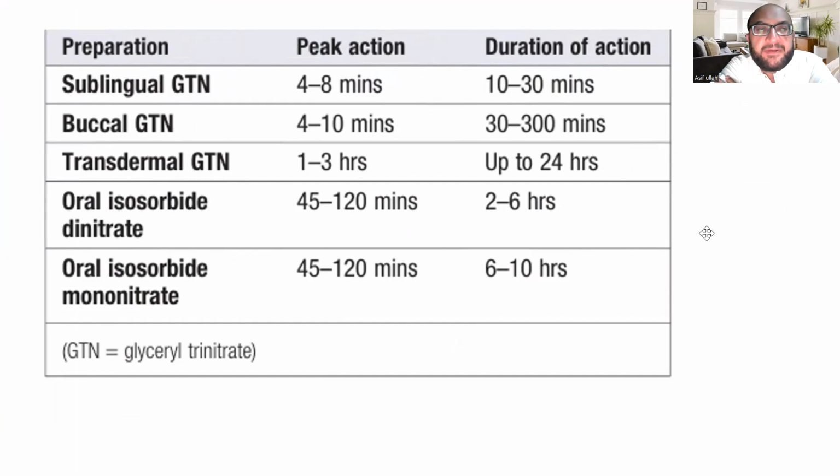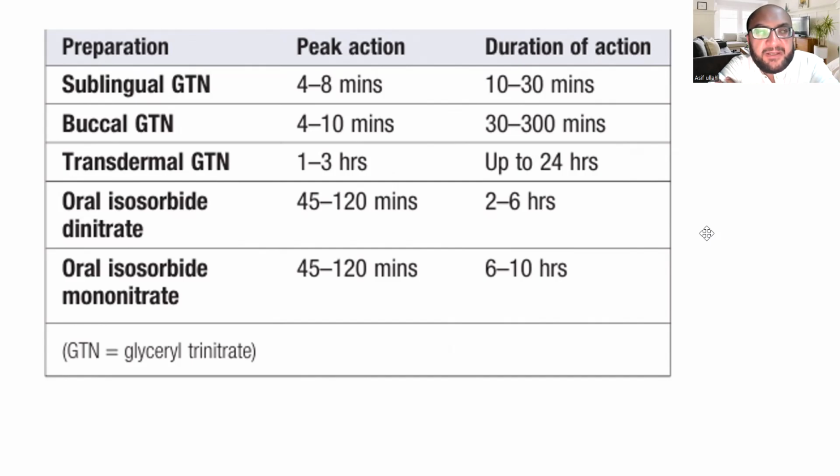As far as symptomatic treatment is concerned, sublingual glyceryl trinitrate starts peak action in 4 to 8 minutes and persists for 10 to 30 minutes. Buccal GTN 4 to 10 minutes, persists for a long duration. Transdermal, 1 to 3 hours peak action, and may persist up to 24 hours.